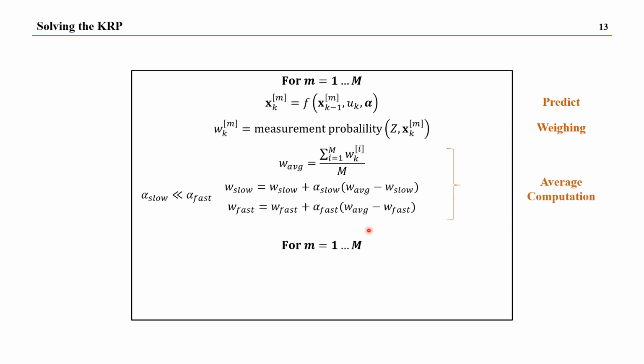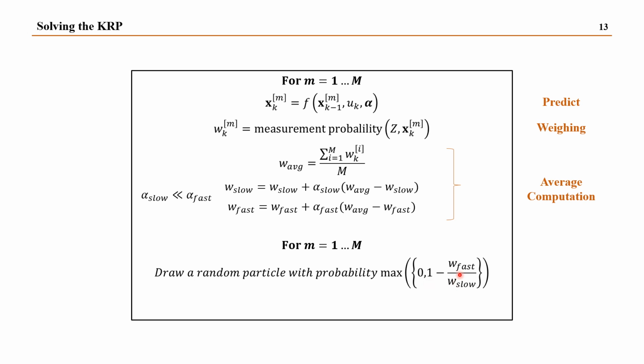Now, the core idea of this modified particle filter would appear in the resampling step. So basically, we're going to draw a random particle with probability that is proportional to 1 minus omega fast over omega slow.